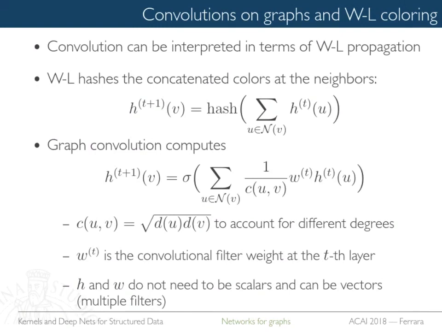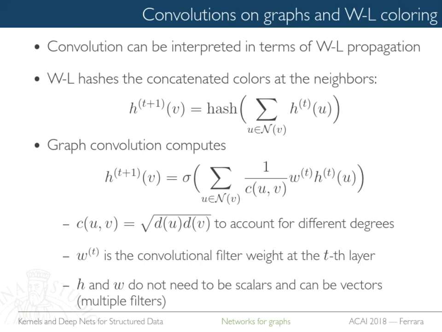So the idea is that a layer in a convolutional network is like one Weisfeiler-Lehman iteration. Okay, so at the first iteration, you have the first layer, second iteration, third iteration, and so on, and the weights are different. This is different from what Gori and Scarselli did with their graph neural network model, where the weights were the same everywhere.